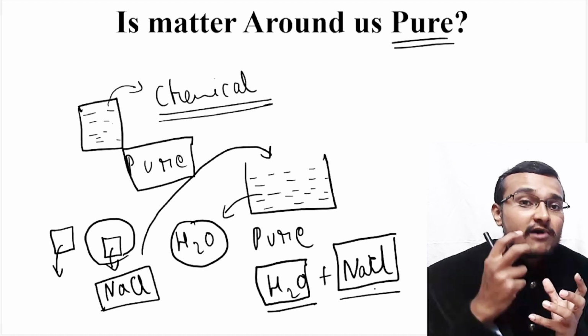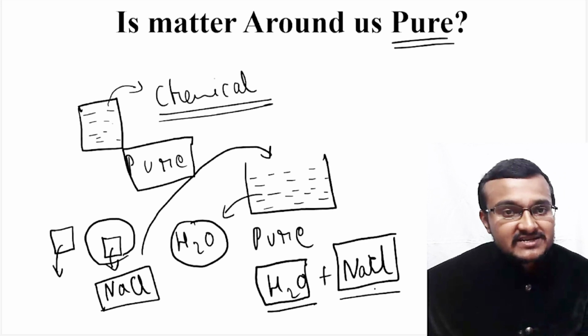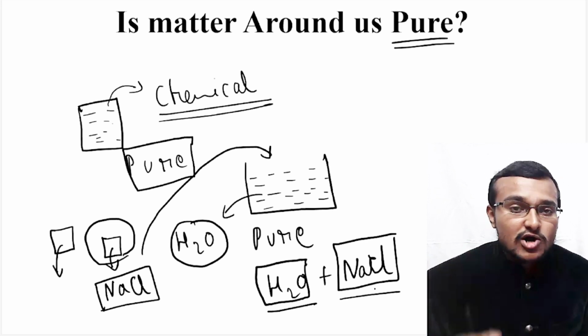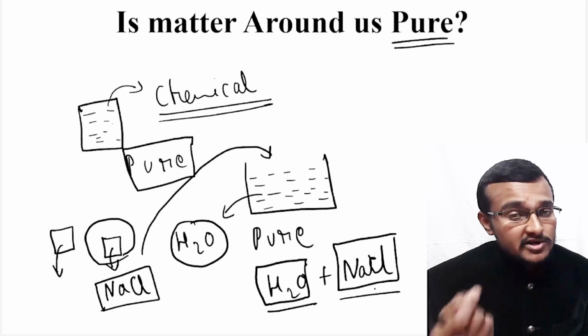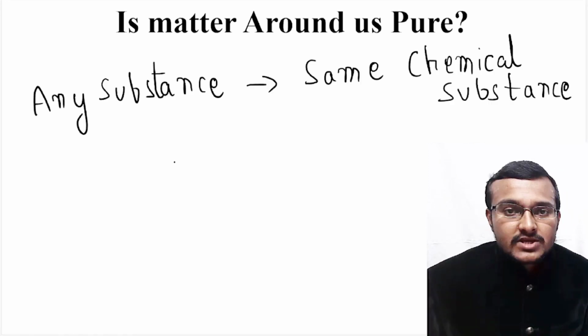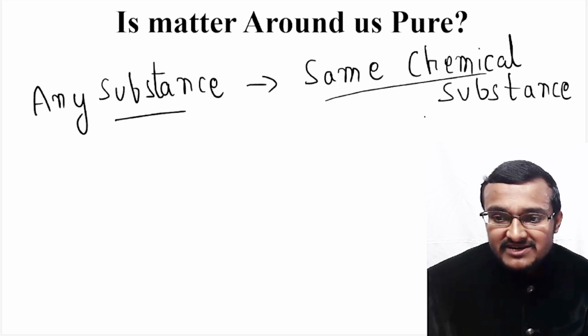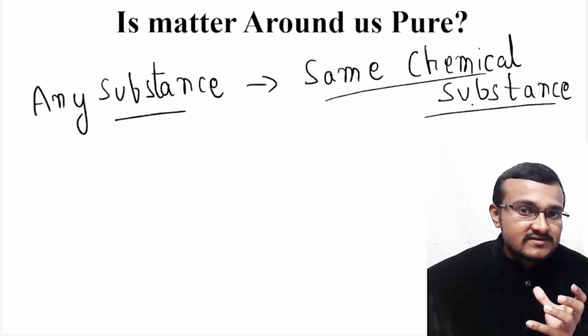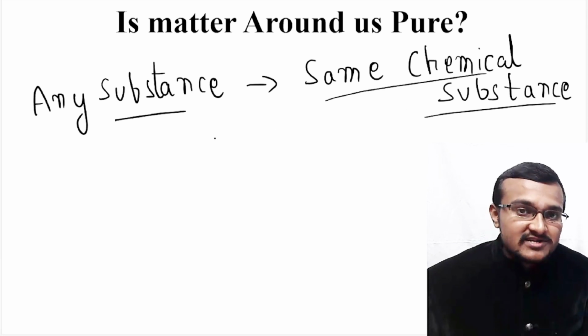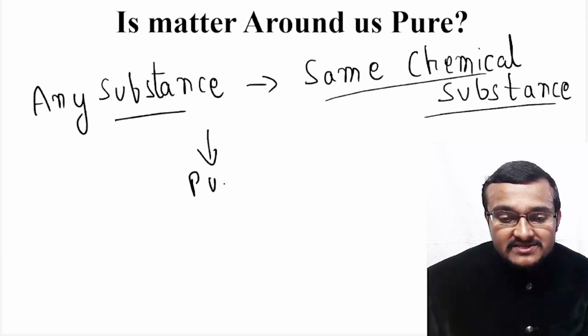That means there is a form of mixture present in this substance. At that time, this substance will not be a pure substance. Now water is not pure because water is now mixed with NaCl. So any substance which has the same chemical substance throughout the boundaries of that substance will be known as pure in science.